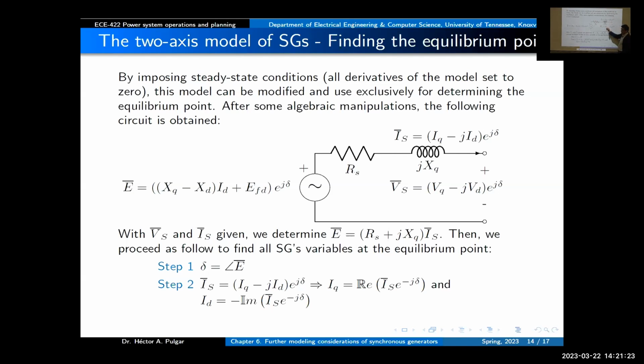So this procedure is known as finding the angle of the voltage behind the quadrature reactance. And we just remember this so we don't forget. How do you determine delta in a steady state at the equilibrium point? Well, we need to find the angle of the voltage behind the quadrature reactance. That's the procedure.